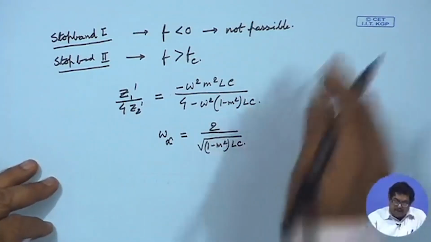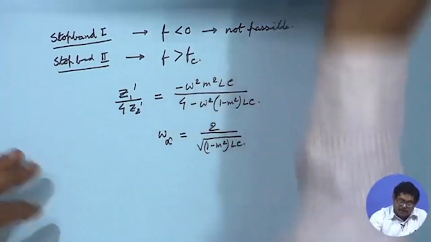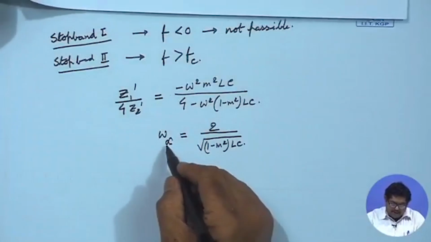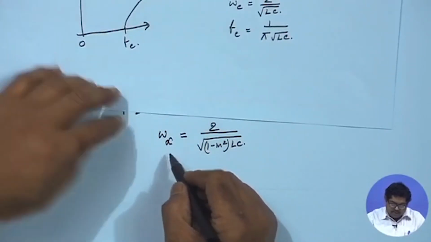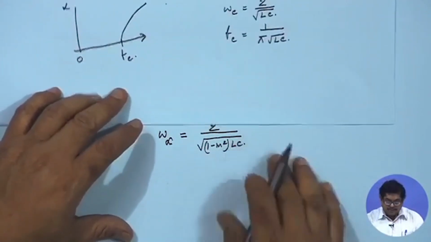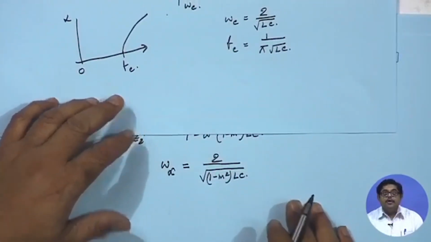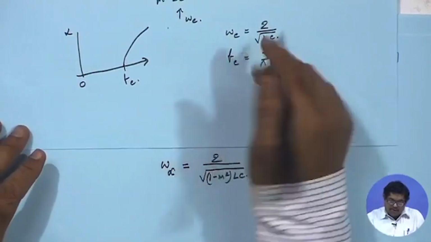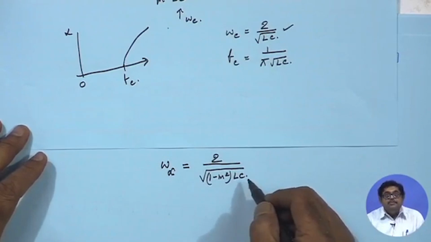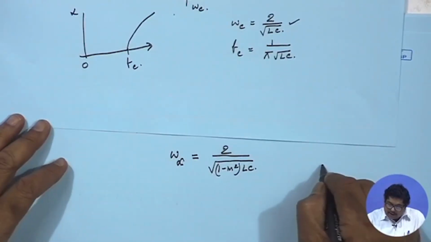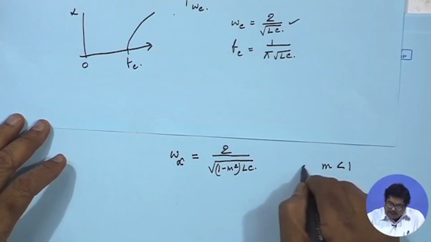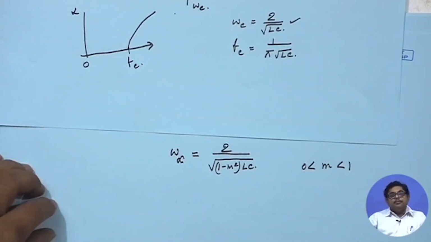So, what is my omega c for constant k? 2 by root over L c. Omega infinity is 2 by root over 1 minus m square L c. Okay. You see, this is omega c. So, m is a parameter that I will choose, and I will keep it within 0 to 1.